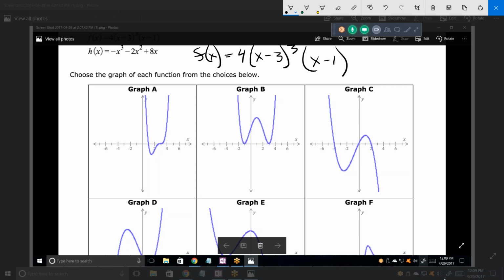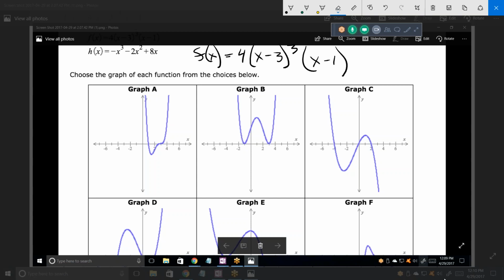Now, they taught me a fast way to do this when it's already factored. Okay. So 4, and that's first x is to the third, and the second one is to the first. So it's 4 times x to the fourth.